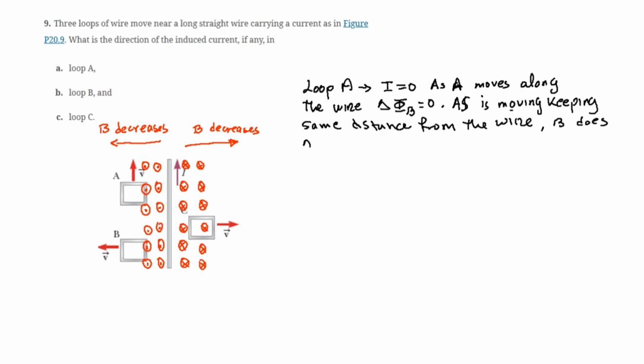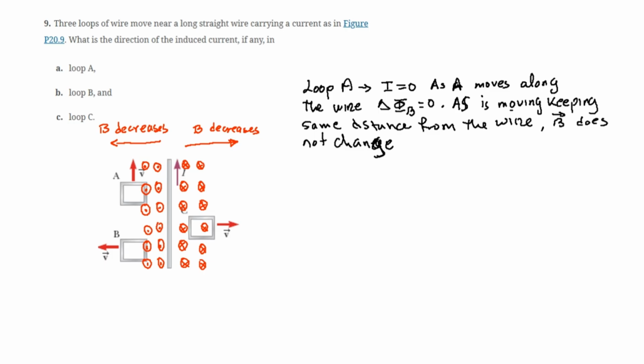The magnetic field that is passing through the loop doesn't change. So when this loop A is moving along the wire, it always has the same magnetic field passing through the loop. So there is a variation in magnetic flux that is 0, and for the 0 variation in magnetic flux, we have no current.